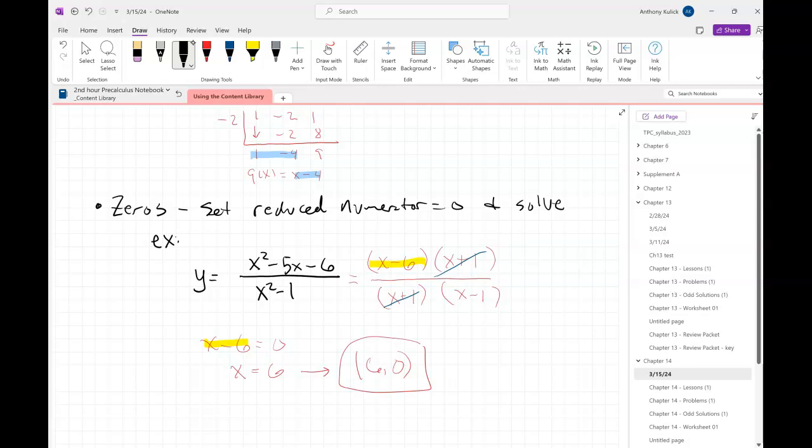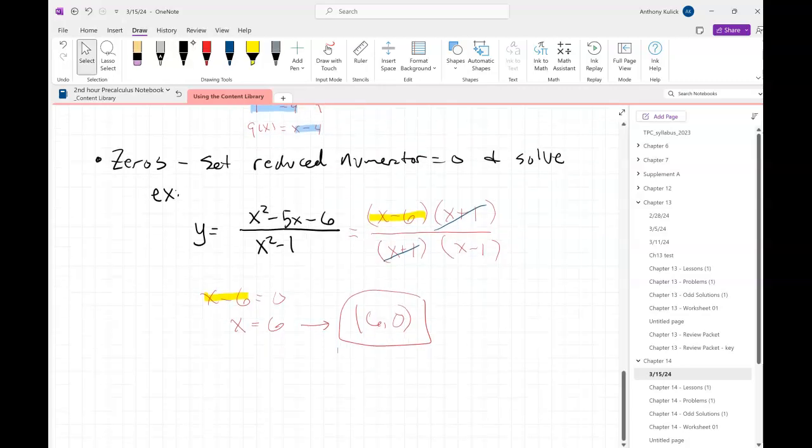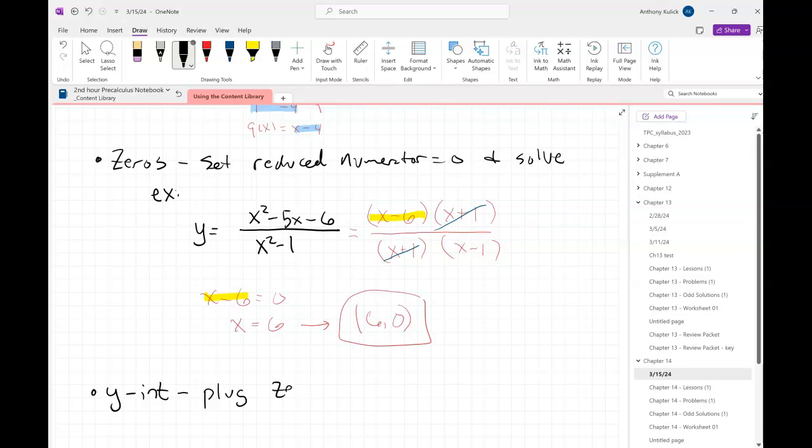Cool? Okay. And then the last thing we'll want are y-intercepts. How do we find those? Plug back. Just plug 0 in for x and evaluate, right?